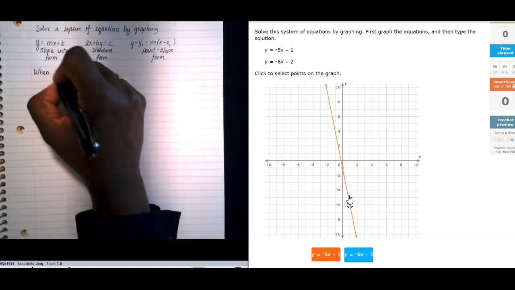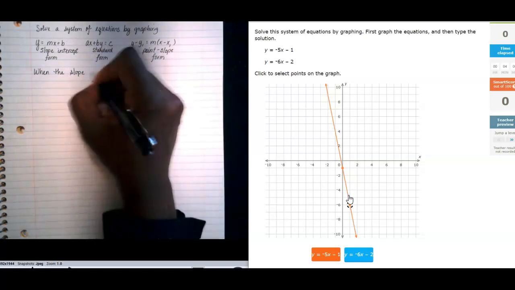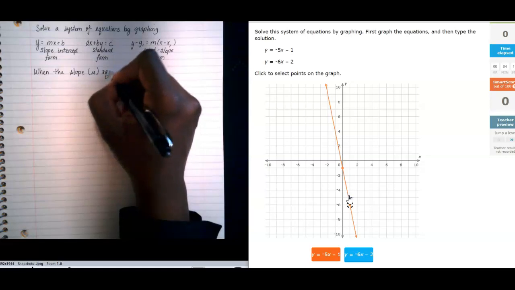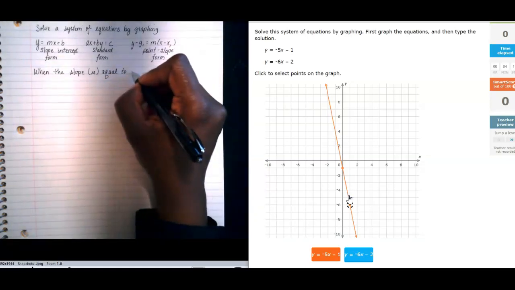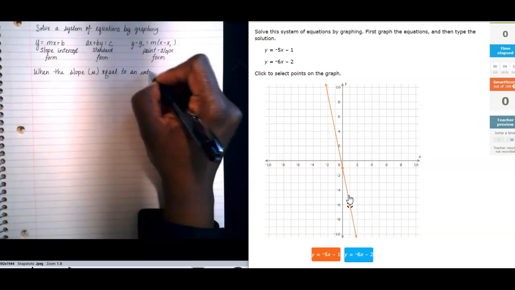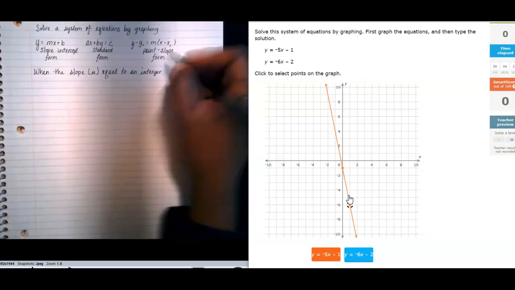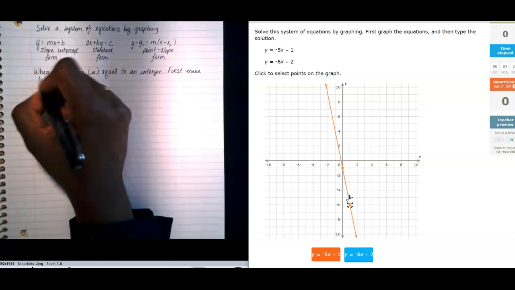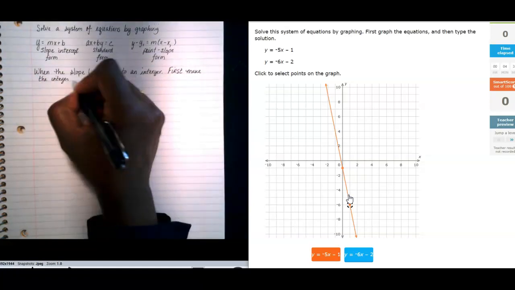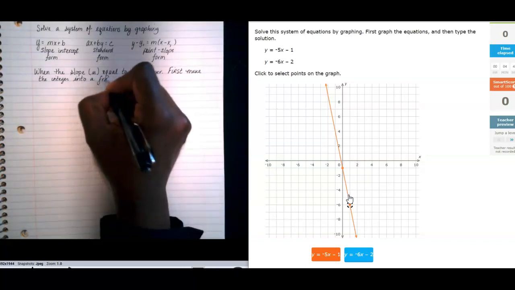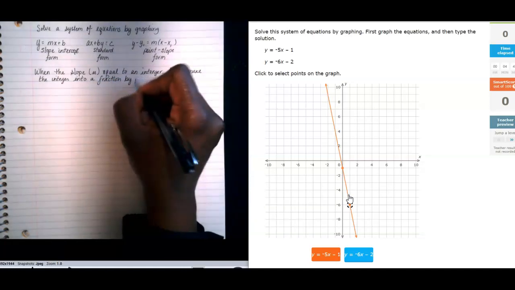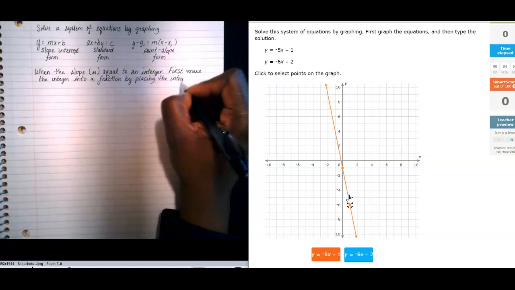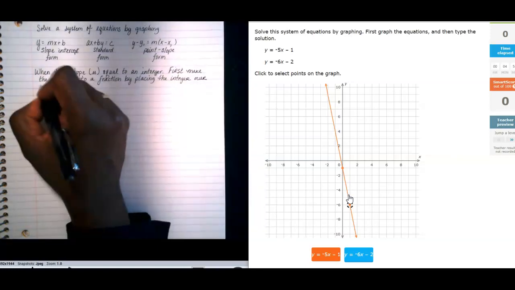When the slope, I'm calling that n, is equal to an integer, first make the integer into a fraction by placing the integer over 1.